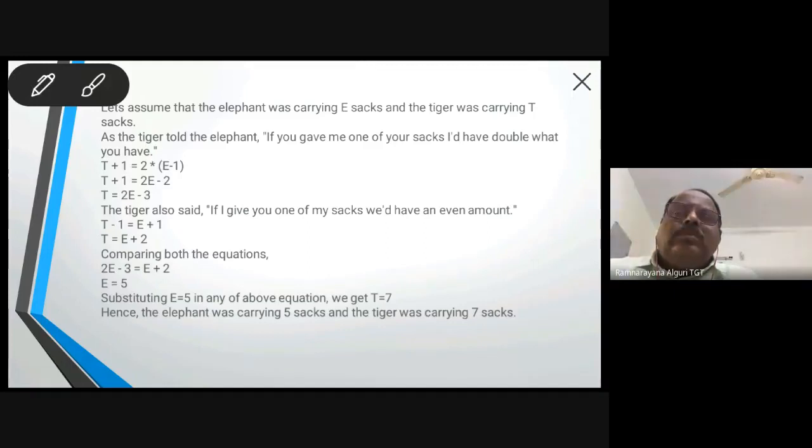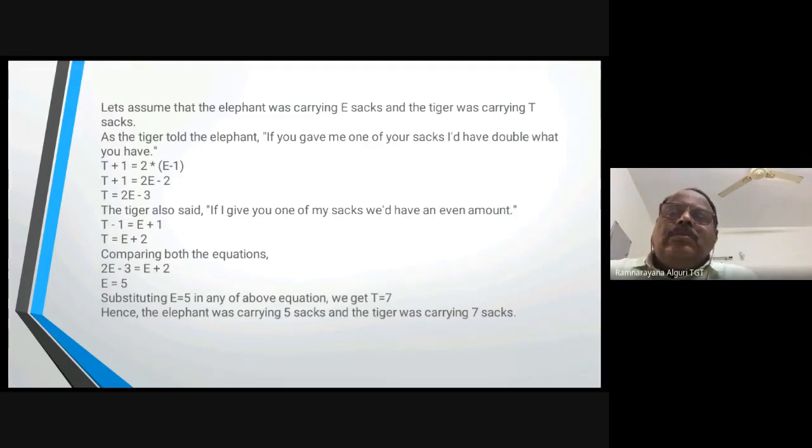So the elephant gives away 1 sack to the tiger. So it will be t plus 1 equal to double of what the elephant has, which is e minus 1. So t plus 1 is equal to 2 times e minus 1, that is 2e minus 2. And we get the equation t is equal to 2e minus 3.